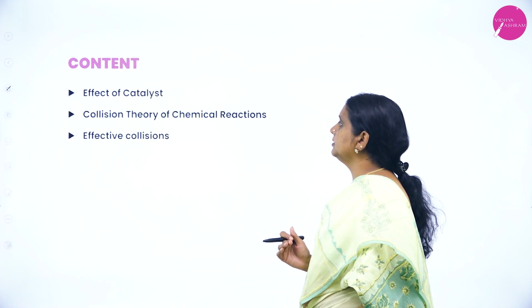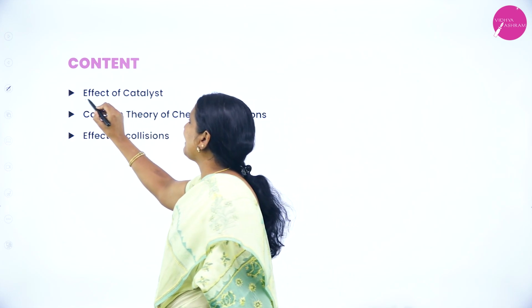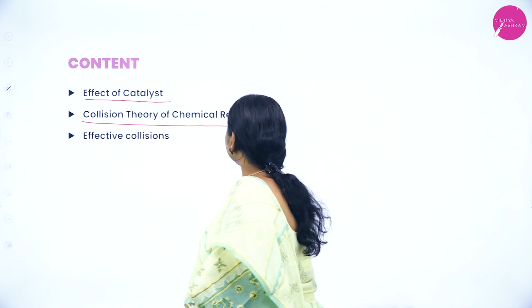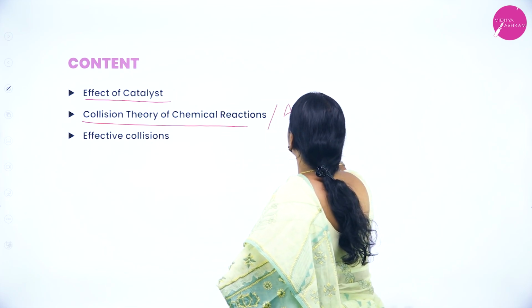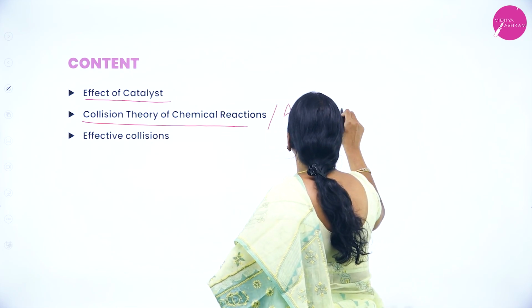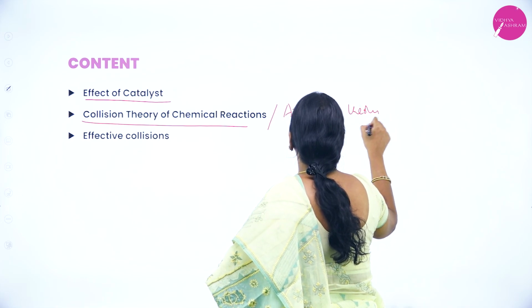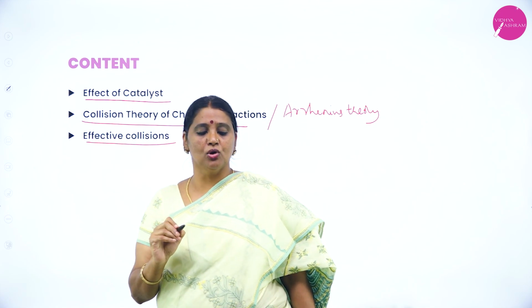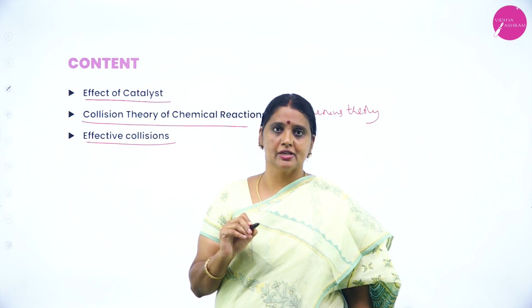In this session, I am going to explain the effect of catalyst on the rate of reaction and the collision theory of a chemical reaction. This collision theory is also called Arrhenius theory. It is also called what? Arrhenius theory. And we have to discuss effective collisions.